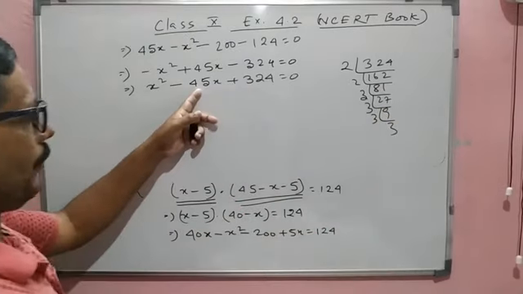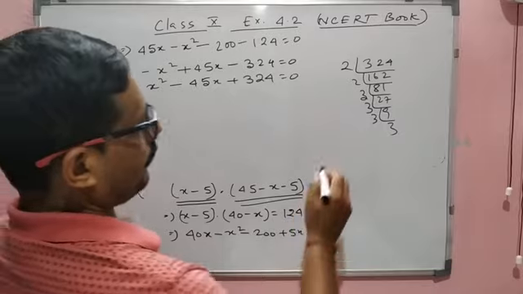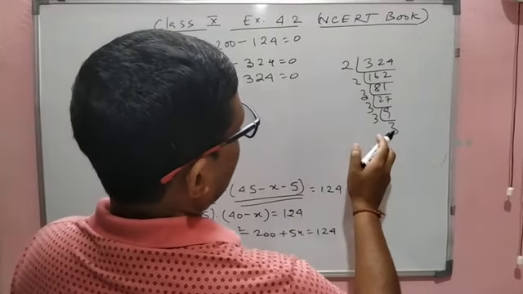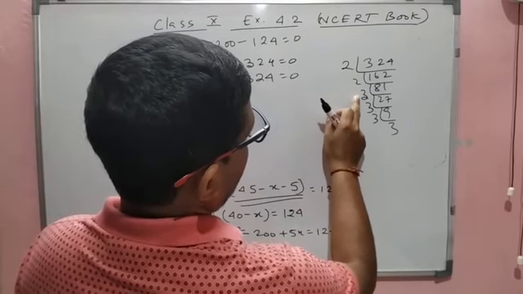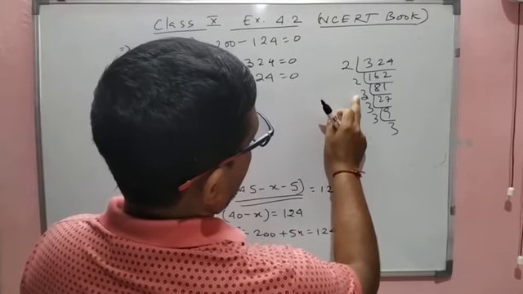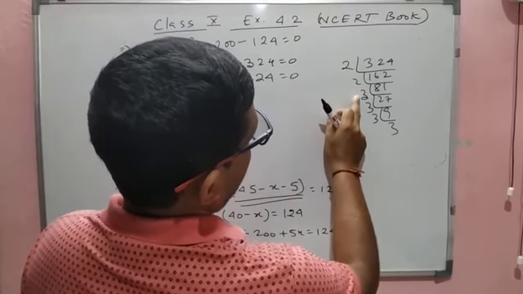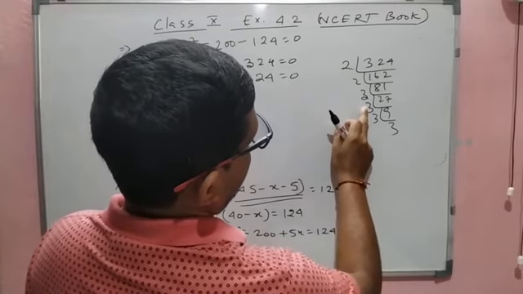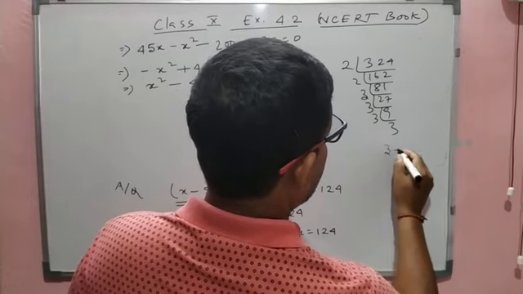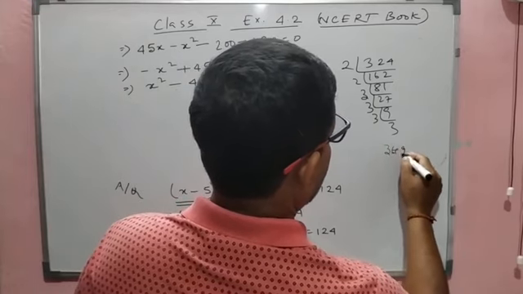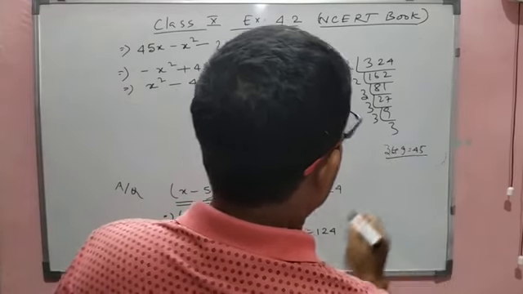Now the middle term is 45. You see here, 2 2s are 4, 4 3s are 12, 12 3s are 36, and 3 3s are 9. So it will be 36 plus 9 equal to 45. So we will apply this here.